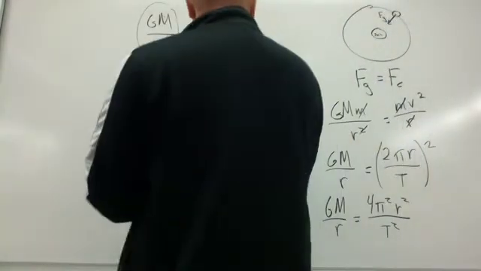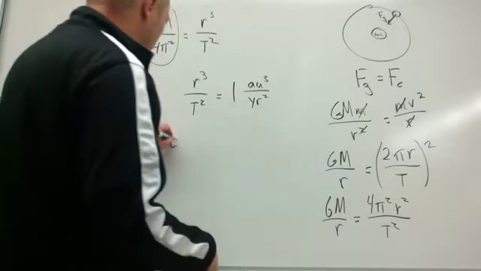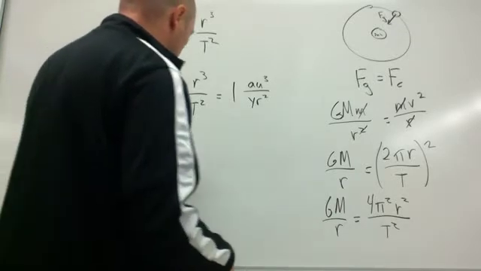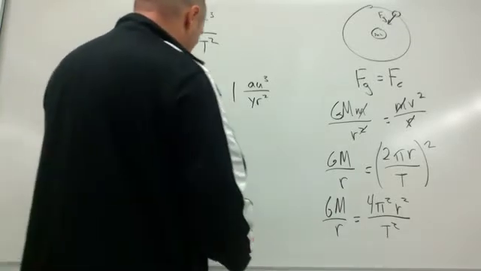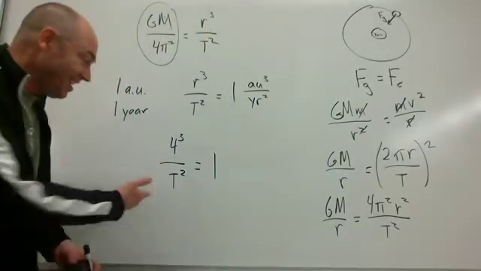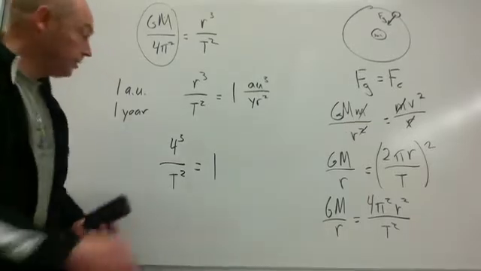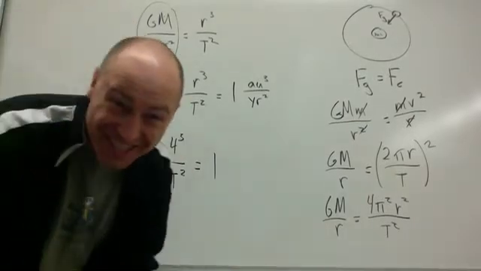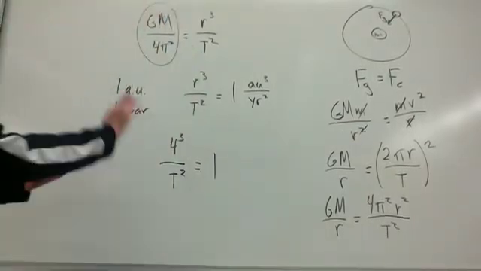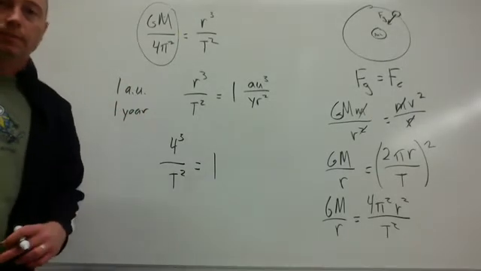So you would say, hey, you know what? This is going to be 4 cubed over T squared. Well, that equals 1. And then I can solve that for T. And lo and behold, you can solve for things. Hooray! But yeah, it should be really easy once you guys get to there.